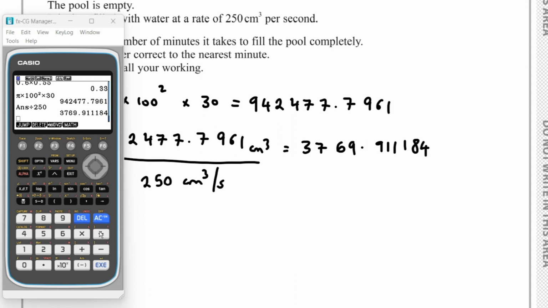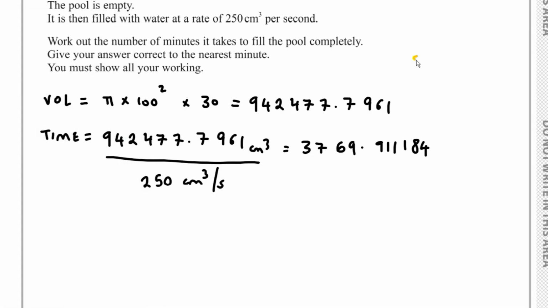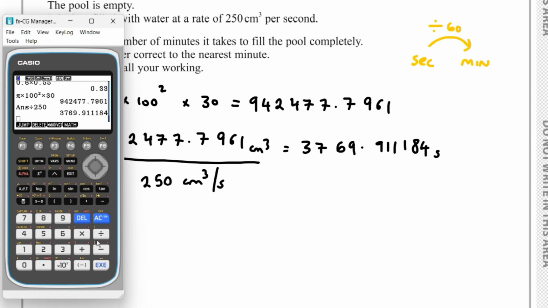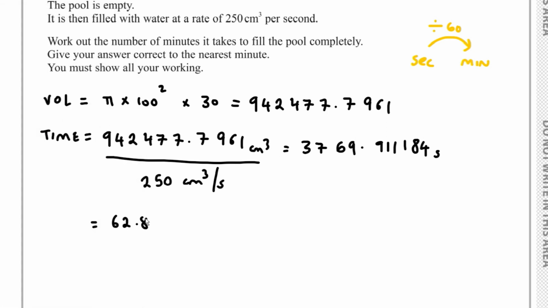Now we need to convert this into minutes, so to go from seconds to minutes, I would have to divide by 60. So if I divide this amount by 60, I get 62.83, etc. So we have 63 minutes.